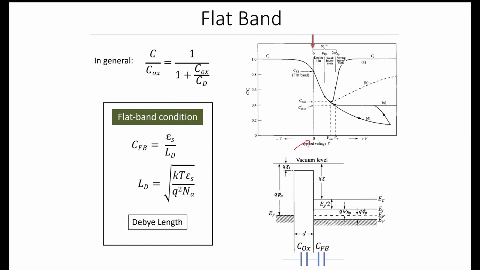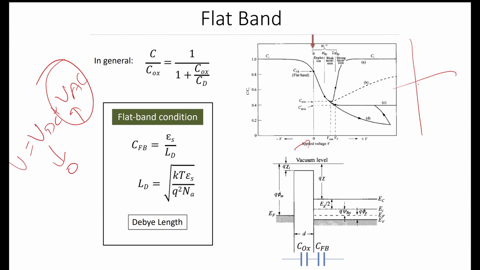So at zero voltage, when we apply a sinusoidal signal, V is equal to VDC plus VAC, so this is 0, and when we apply an AC signal, how the band is behaving, that depth in the semiconductor until the charges are created, this is nothing but LD.